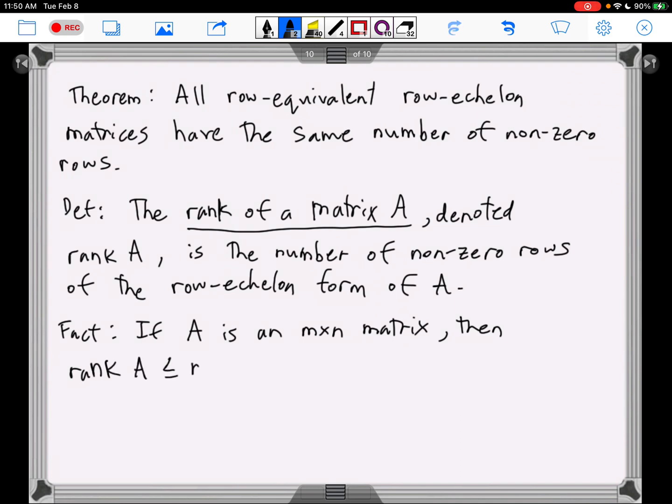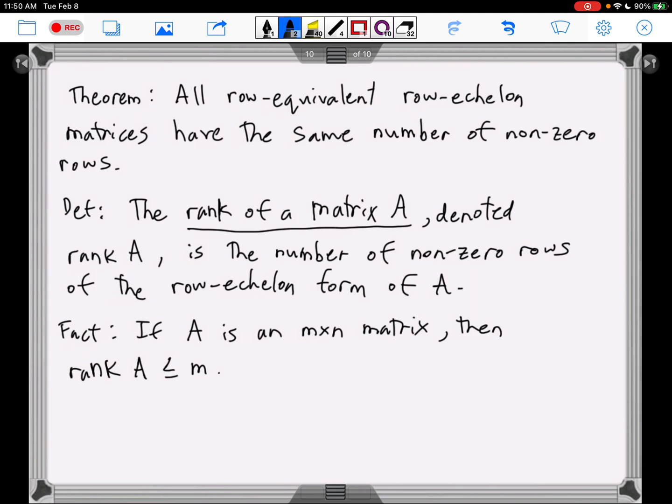The rank of A is less than or equal to m. However, what else must be true? Notice that you can only have as many leading ones as there are columns of the matrix, right?